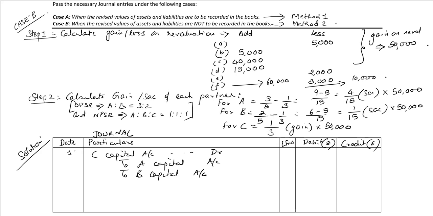So on dividing 50,000 by 3, we get 16,667 against partner C, 13,333 against A and 3,334 against B's capital account.